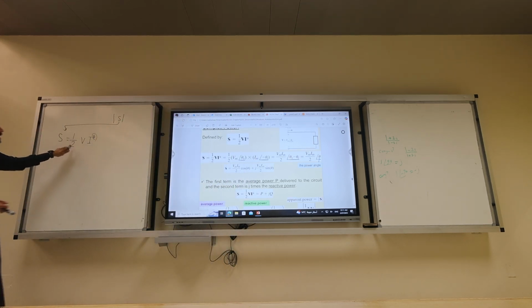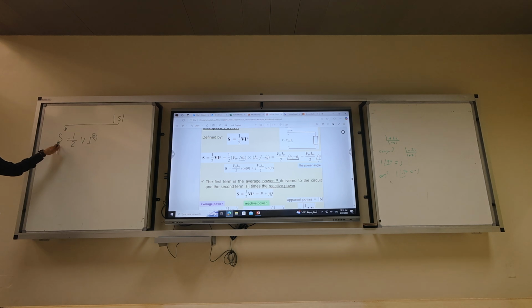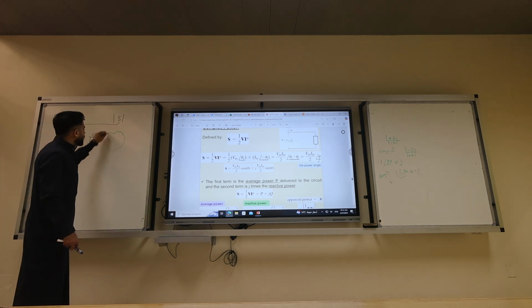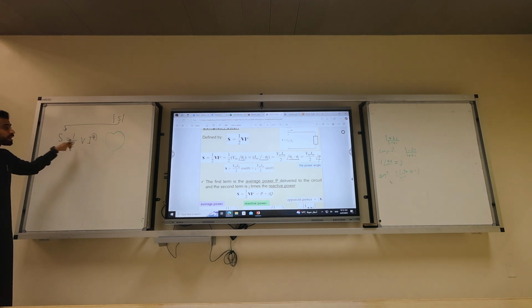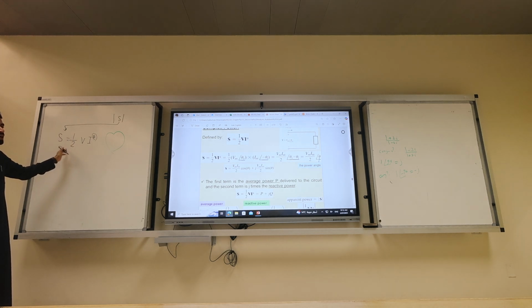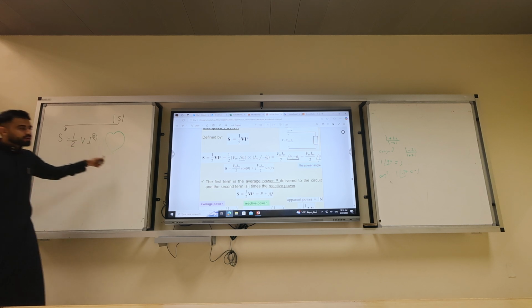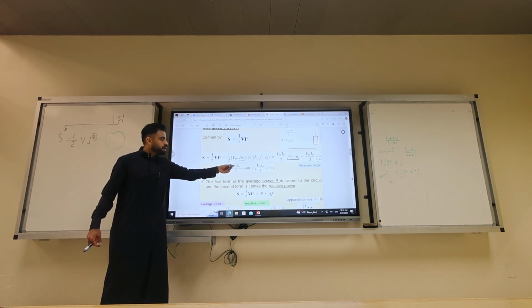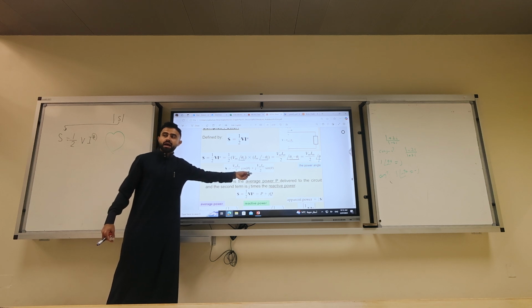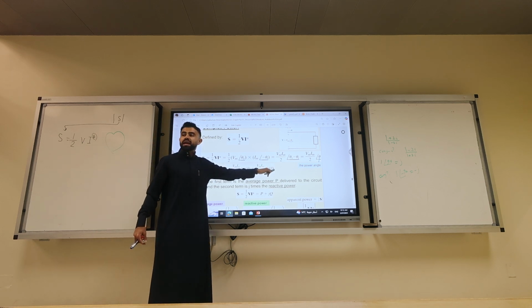I call this formula the fundamental theorem of power systems. This formula can help you analyze every transmission line in the grid. So this formula, I am going to put a big heart on it, okay? I love this formula. I have been using this formula all over the years, so please memorize it, because it can help you derive the average power, Vm Im over 2 cosine theta, and the other one, the reactive power.